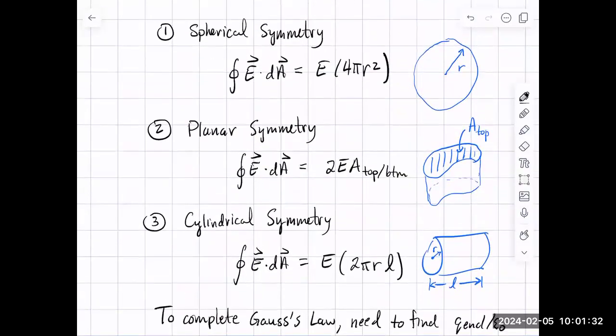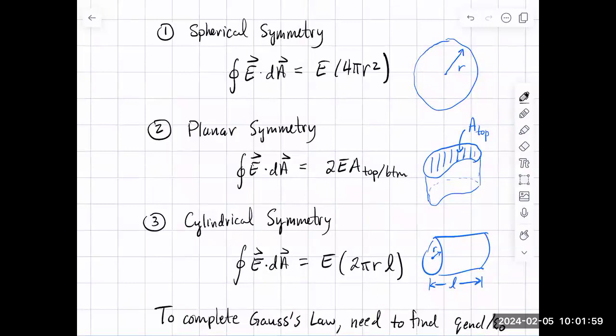When we thought about the planar geometry, we decided that a surface with flat tops and bottoms would be useful. In that case, we got flux from only the top and bottom surfaces. And when we evaluated the integral, we got 2 times E times A, where A is the area of the top or bottom surface, which would be the same.